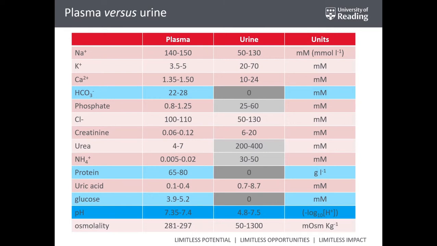Potassium is regularly higher in urine, and so in order to keep kalemia, the kidney constantly has to excrete potassium.